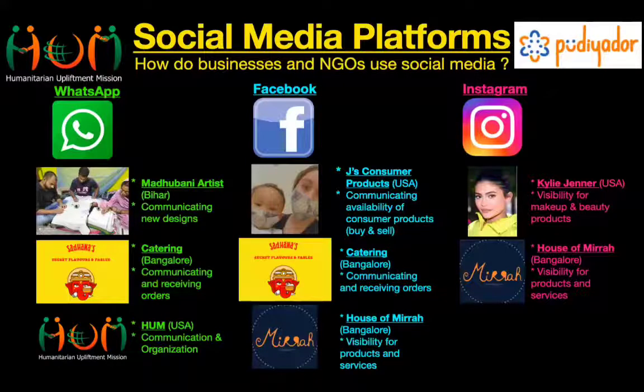One of the most popular persons on Instagram is that lady with the yellow shirt, right? Her name is Kylie Jenner. She sells beauty products, makeup and beauty products. She has millions of followers on Instagram, and her business is supposed to be a $1 billion business.